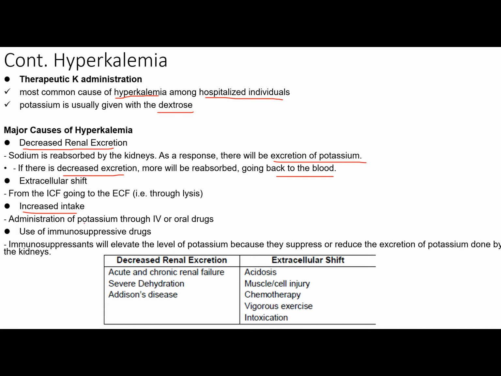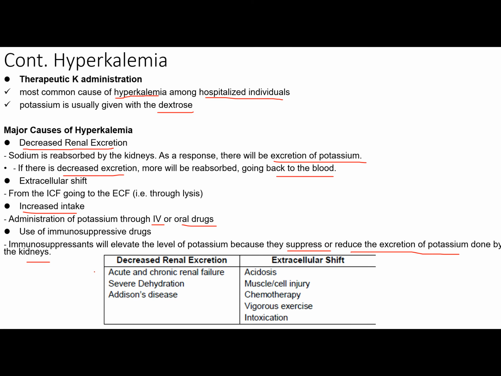Other causes are increased intake, administration of potassium through IV or oral drug, and use of immunosuppressive drugs. Immunosuppressants, class, will elevate the level of potassium because they suppress or reduce the excretion of potassium done by the kidney. So these are the two major causes, class: decreased renal excretion and extracellular shift.